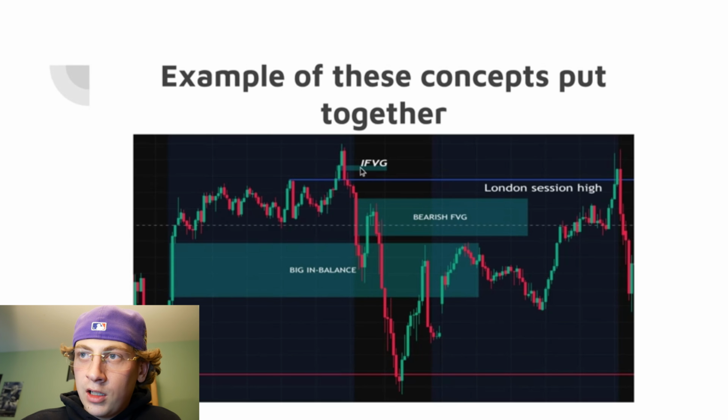You get an inverted fair value gap with a break of structure here, which creates a bearish fair value gap, which gets then filled right here. And this is where I would enter the trade. I would enter here, put my stops above here, and target this low right here. And this is a perfect setup for me and my strategy.